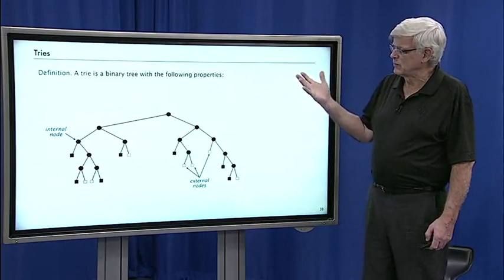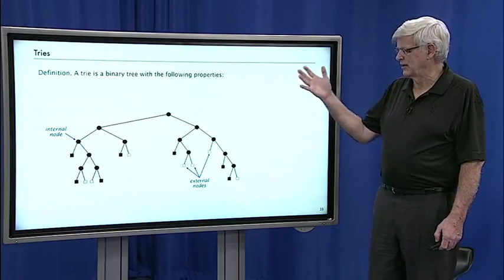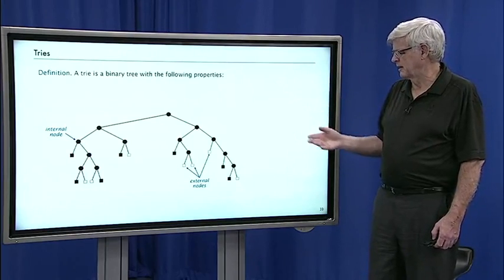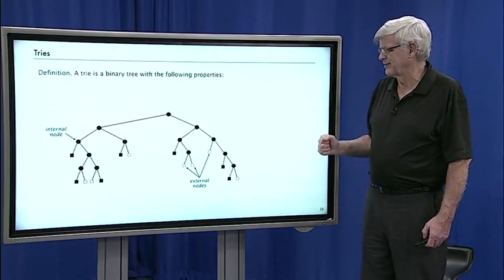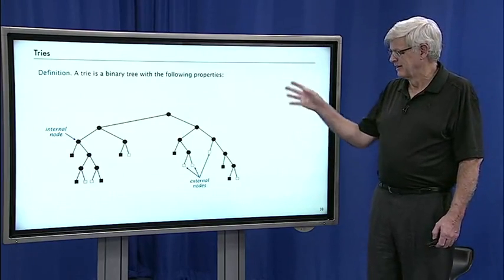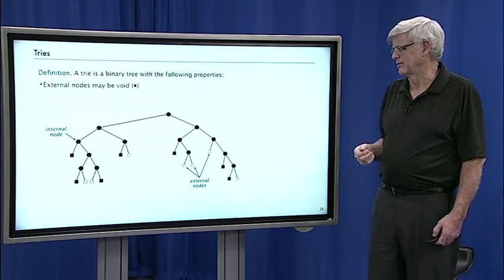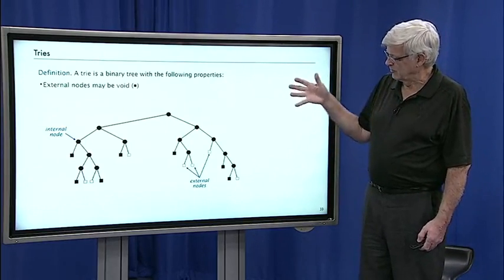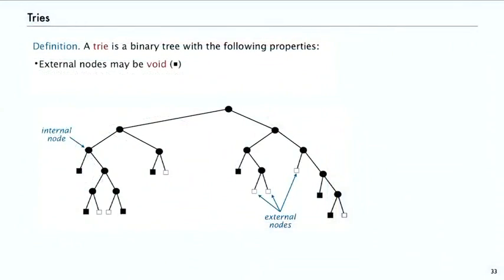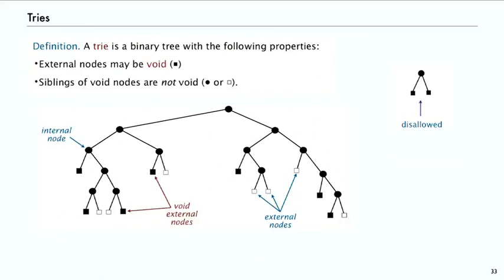So one way to look at a trie is just as a binary tree where the external nodes can be marked. Black ones are called void nodes, and then the white ones are non-void. So you take a binary tree and mark some of the external nodes to be void.